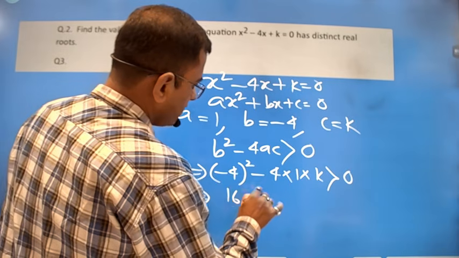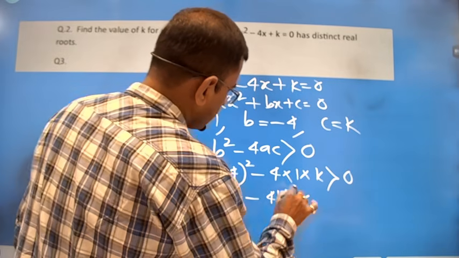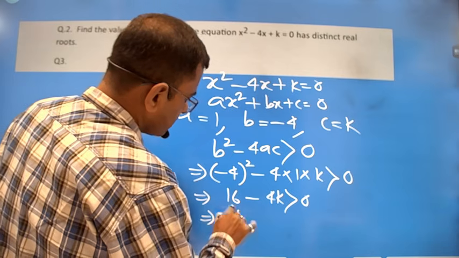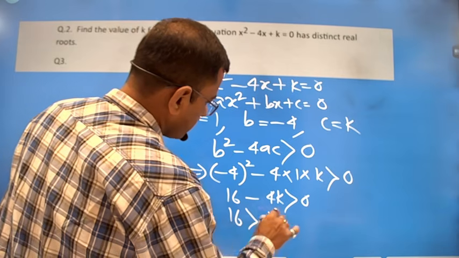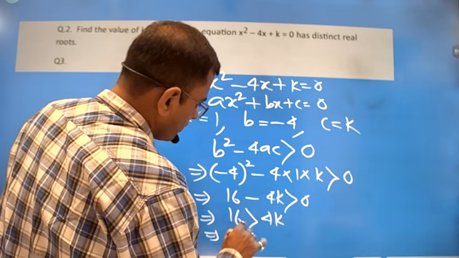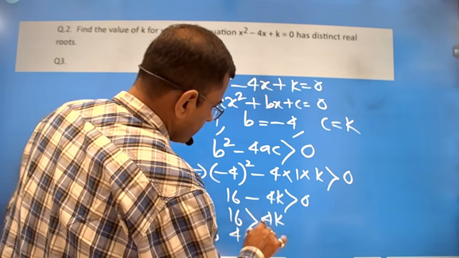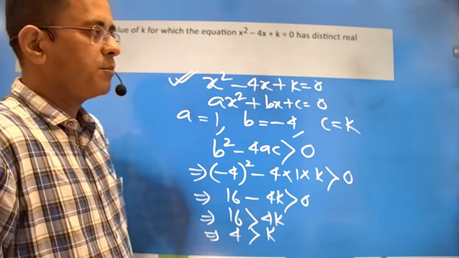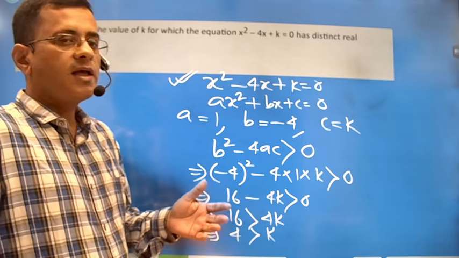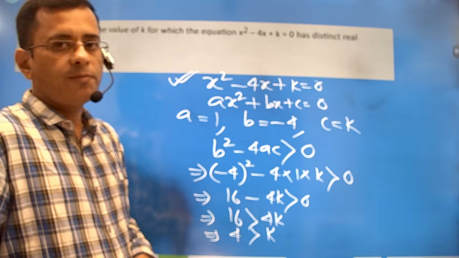So 16 minus 4k is greater than 0. So 16 is greater than 4k. Divide by 4: 4 is greater than k. Means k can take values less than 4.